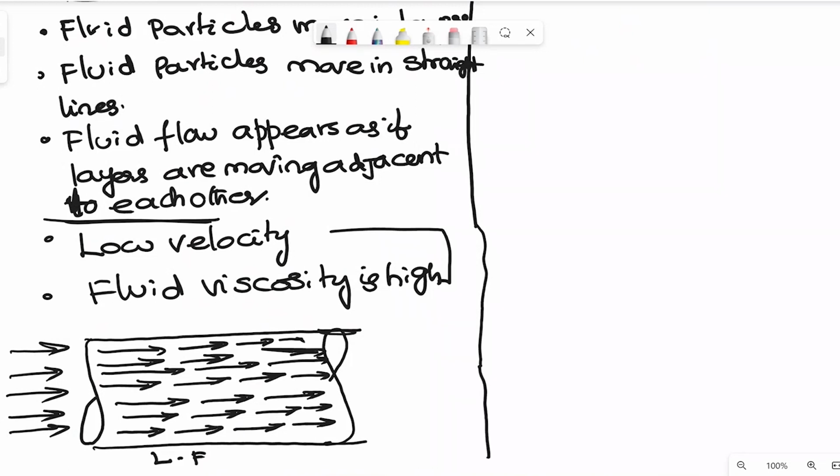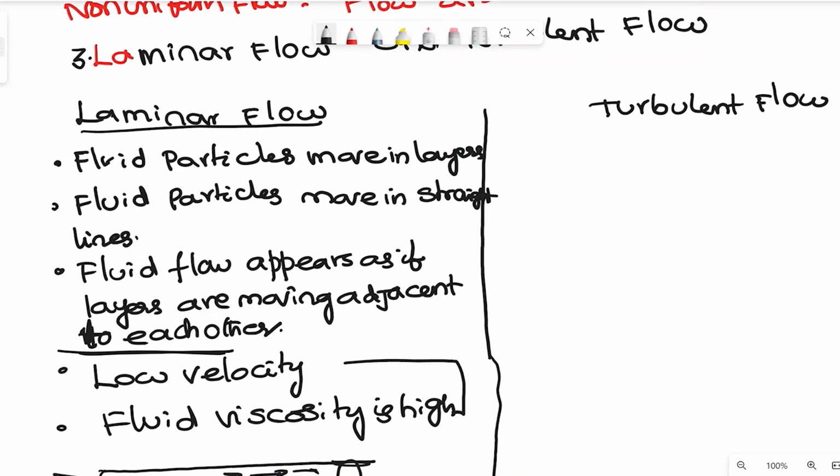Coming to the other one, in the case of turbulent flow, the fluid particles move in zigzag fashion.